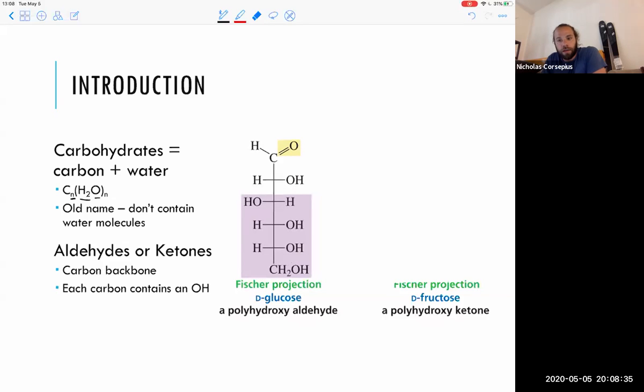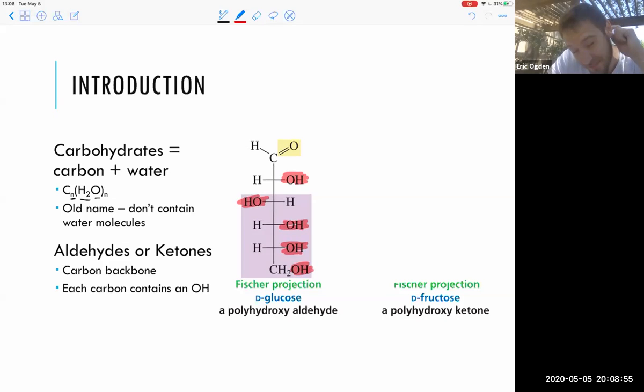All right, so here is an example of a carbohydrate. You have this carbon backbone, okay? Notice off of the vast majority of those carbons, you have, what do we call this? Alcohol. We have these alcohol functional groups.